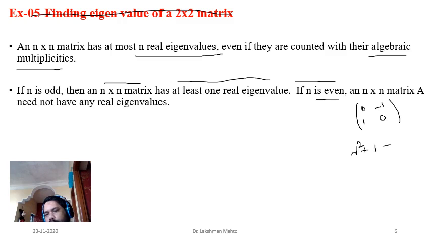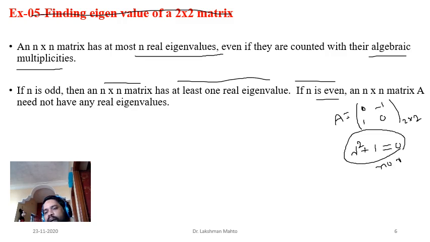So the characteristic equation of this given matrix, which we call A, is lambda square plus 1. Here n is an even number, because it is a 2 by 2 matrix. So for this given matrix, we observe that the characteristic equation has no real root.